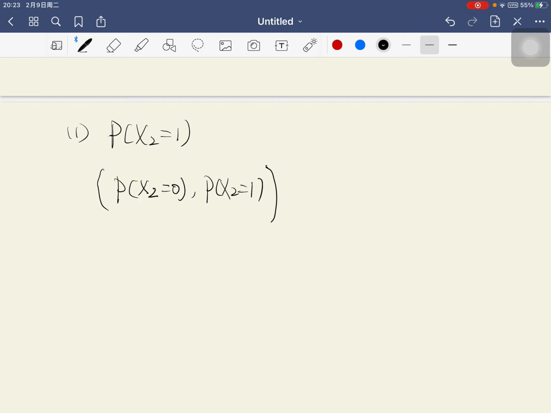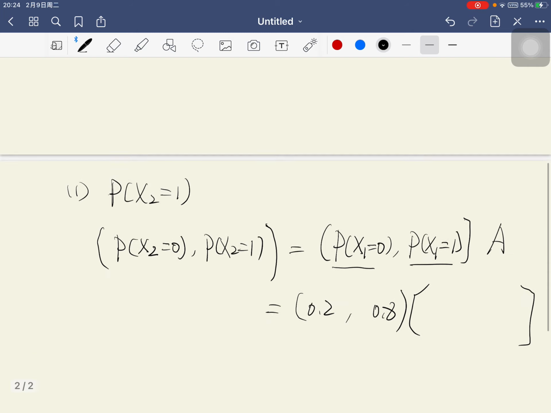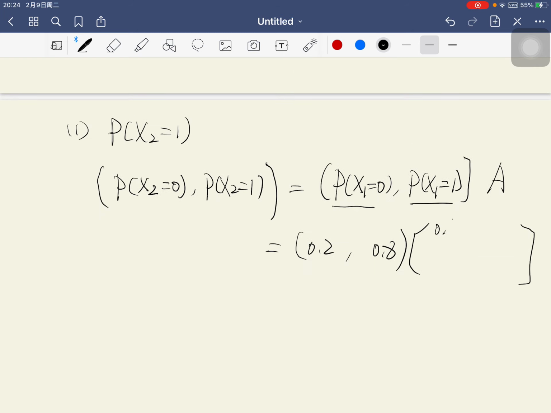This matrix is equal to the probability of x1 equals 0 and the probability of x1 equals 1, times the matrix A. The probability of x1 equals 0 is 0.2, and the probability of x1 equals 1 is 0.8, multiplied by the matrix A, which is 0.6, 0.4, 0.3, 0.7.